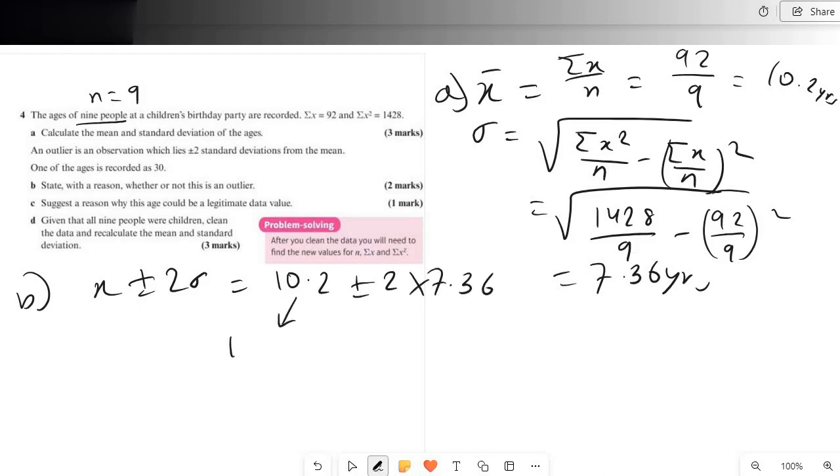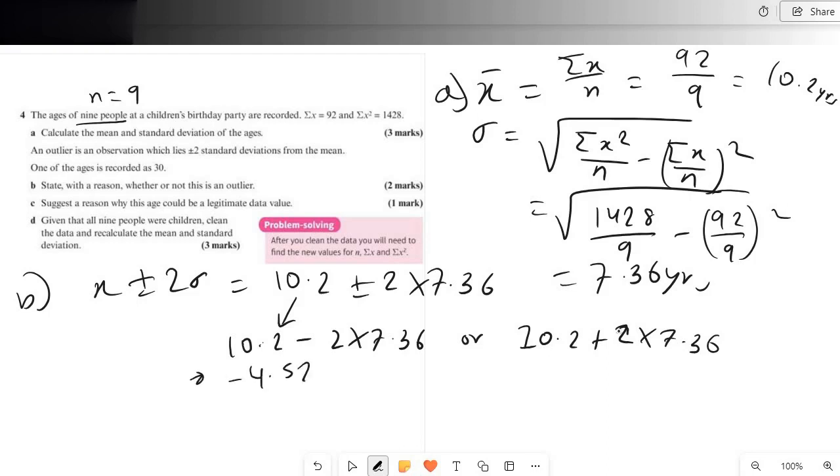So either this can be a value of 10.2 minus 2 multiplied with 7.36, or it can also be a value of 10.2 plus 2 multiplied with 7.36, which is the standard deviation. So it's going to be a value of either minus 4.52 or 24.92. So anything that is within these two values is not an outlier. However, 30 is greater than 24.92. Therefore, this is an outlier.